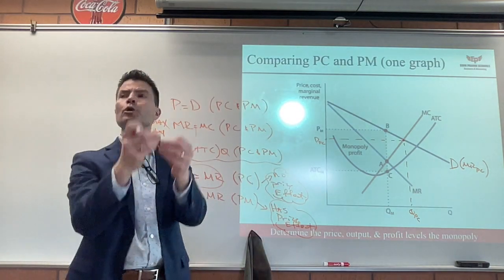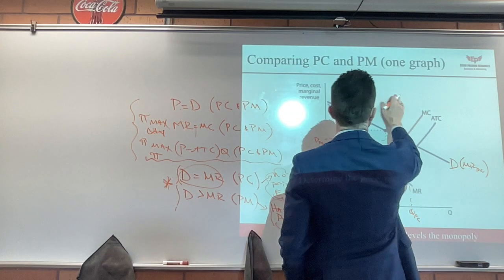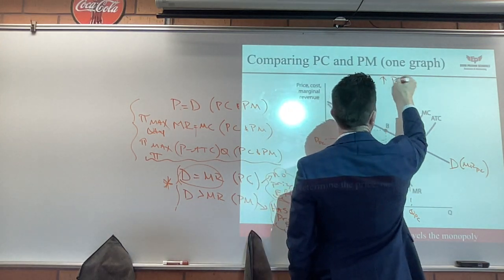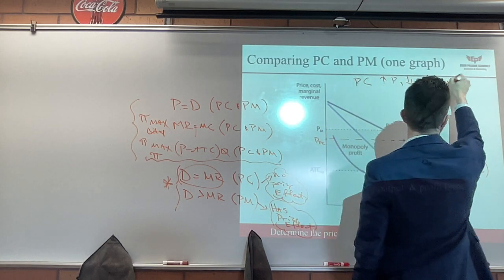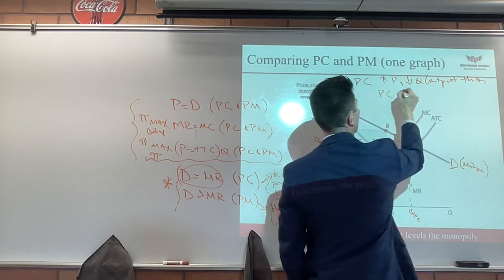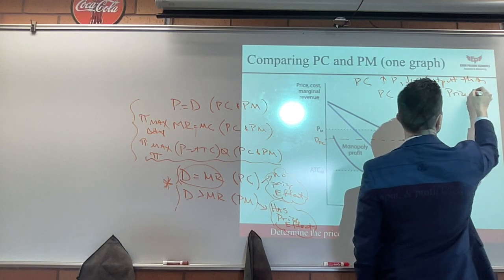So your conclusion, what you can add underneath there: a pure monopoly has a higher price and lower quantity or output than perfect competition due to the price effect.